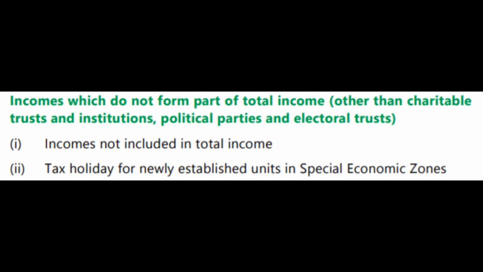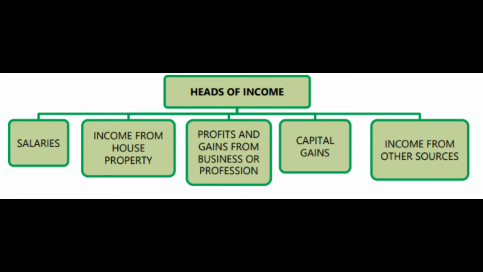But after the starter is finished, the next level will be related to the heads of income, which is the main course. Heads of income are nothing but different sources of income which are earned by different types of people. What could be the sources of income for people? People can earn income by working for somebody, and then we call it salaries. People can earn income by having a property and renting it out, then we call it income from house property.